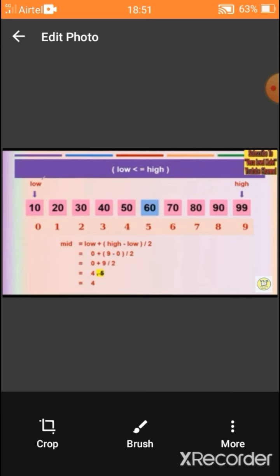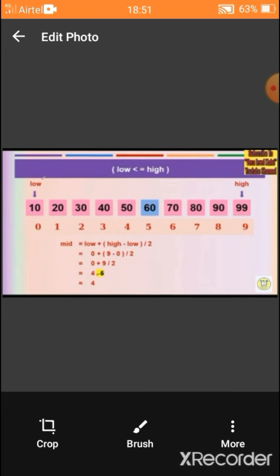In integer division, we don't get any fractional number, we get the whole number alone. So when we divide 9 by 2, we will get 4.5. So don't take the fractional part, take the integer part alone. So 4 will be the answer when we divide 9 by 2.